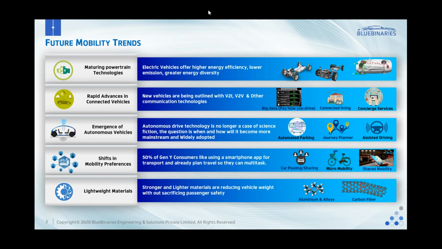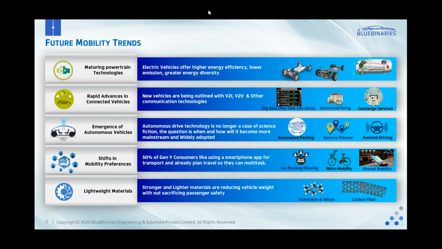The second advancement is the connectivity. Connectivity in different ways. Connectivity with respect to data, what you see in the vehicle to the user. Connectivity with respect to the living and connected to the product or the vehicle.